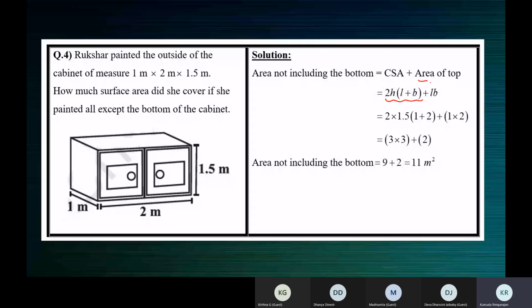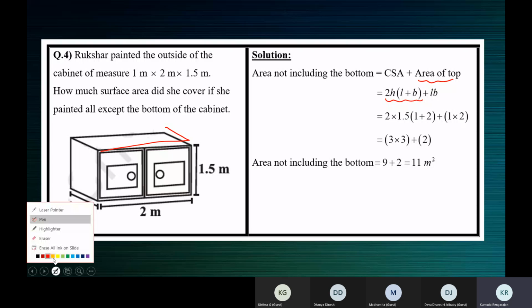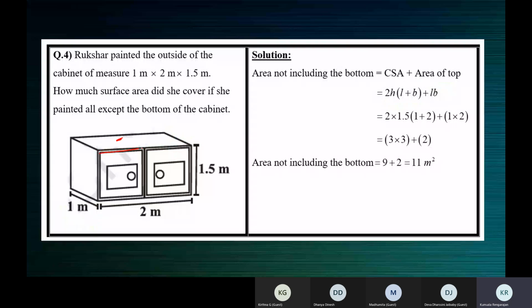The area of the top, as we discussed in class, is length into breadth, L into B. Substitute the values. This is L, this is B, this is H. Substitute the values and find the answer. Yeah, do this.